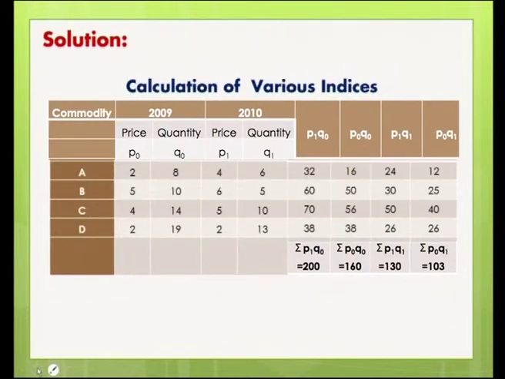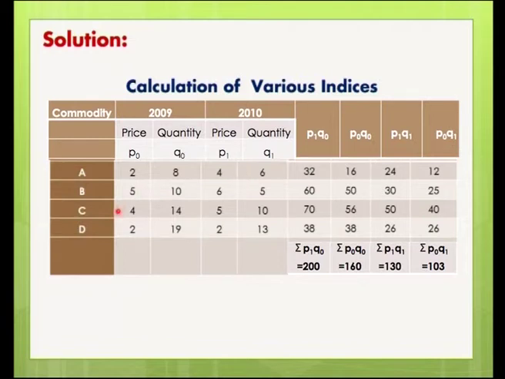First of all, we need to calculate this tabular column where the base year values are taken with the suffix 0 and the current year values are taken with the suffix 1. So, price means P naught and quantity means Q naught for the base year, and price is P1 and quantity is Q1 for the current year 2010.